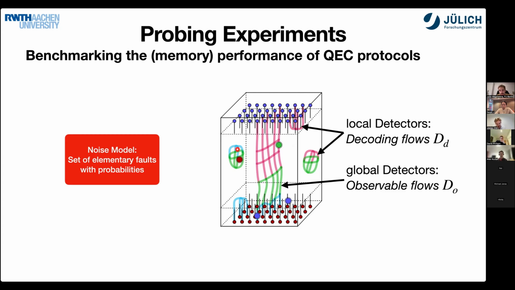With these local detectors, we try to detect these faults and correct them. The global detectors, which come from logical flows, we declare as observable flows: after we have used all the information from the local flows to get rid of as many faults as possible and go back to the code space, we check, did we keep the information in these global flows alive?